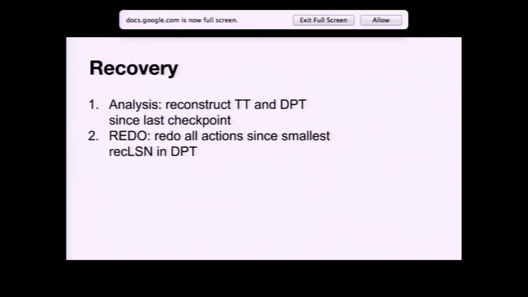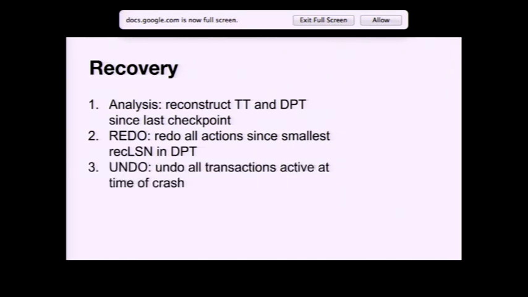We're going to repeat, or not exactly all the actions, we're going to repeat all of the updates and CLRs that occur after that, and I'll get to that in a later slide. Then we have the undo phase, which means we undo all of the actions that were active at the time of the crash. This involves, once again, writing a lot of CLRs, and it's conceptually pretty similar to aborting a transaction.